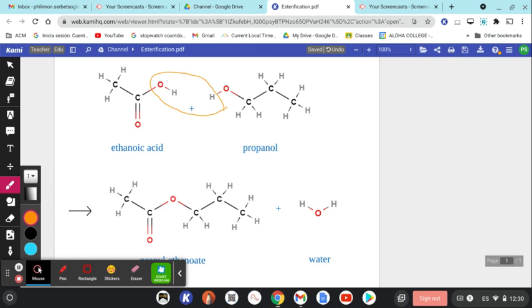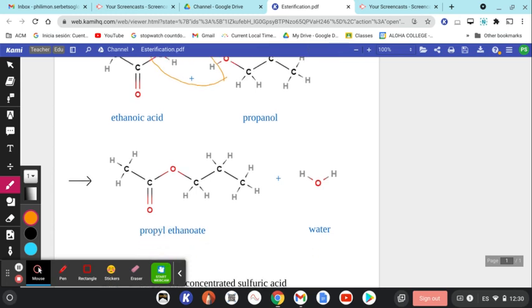Now, the naming of esters is complicated, but the first part refers to what used to be the alcohol. So it used to be propanol. We see here the three carbons. So now we say propyl because there's no OH group anymore, but there are three carbons. So that's propyl. And what is remaining of the carboxylic acid?